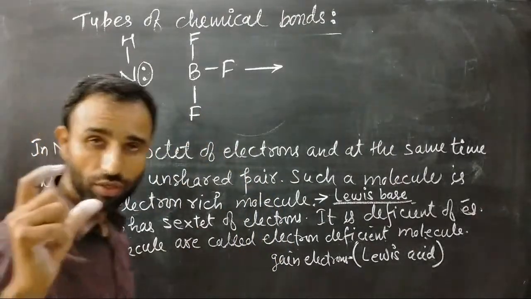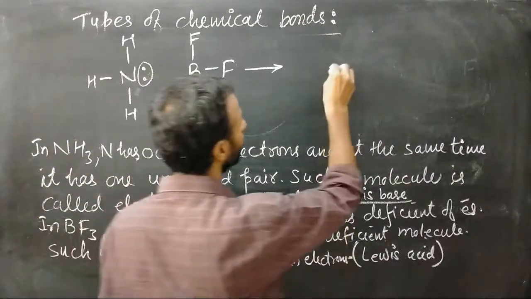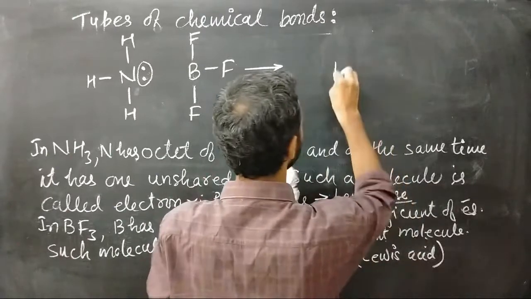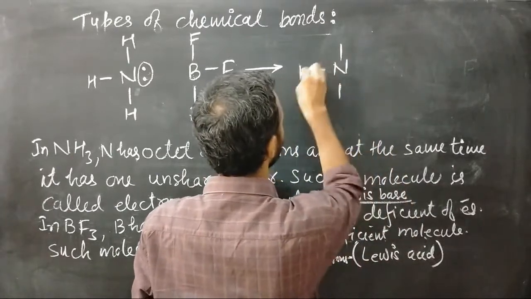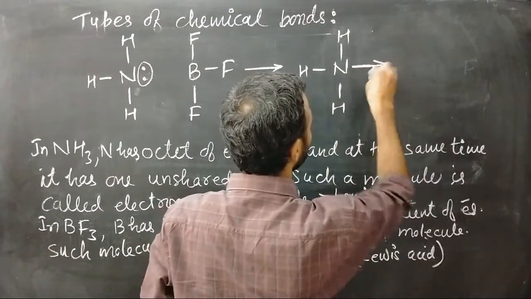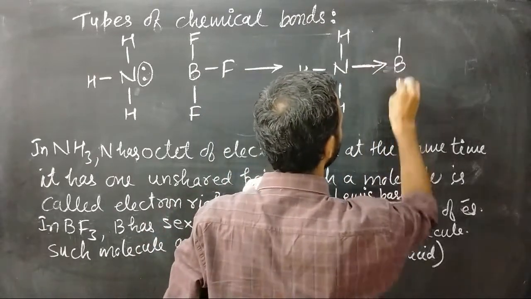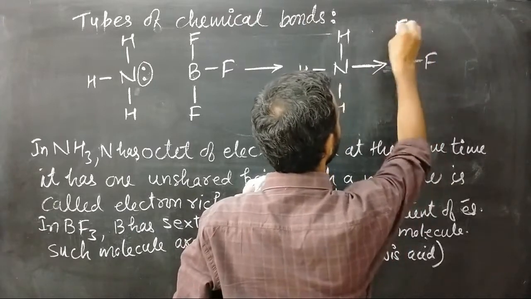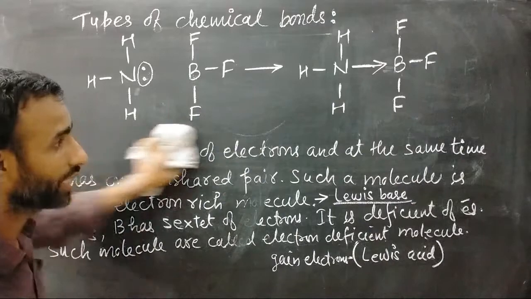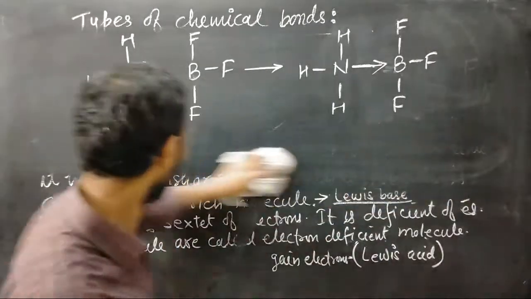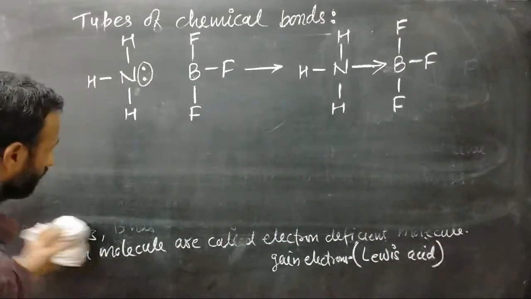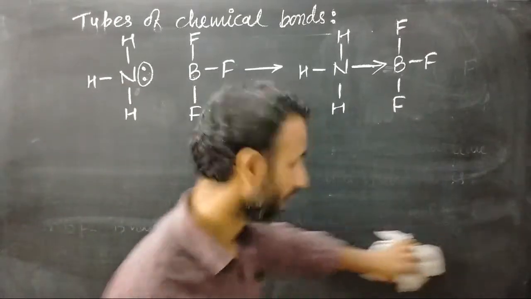Such sharing leads to the formation of a special type of bond, and that is called a coordinate bond. And this arrow indicates the donor and acceptor.